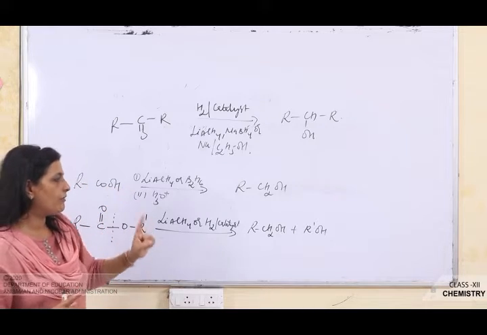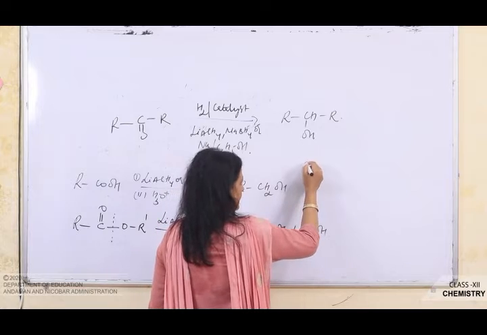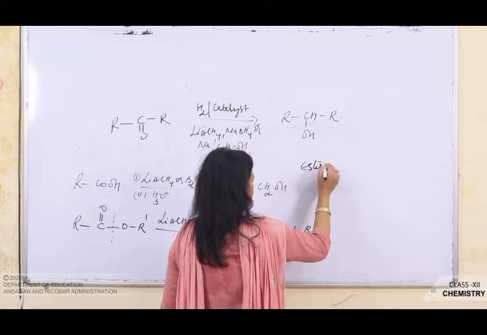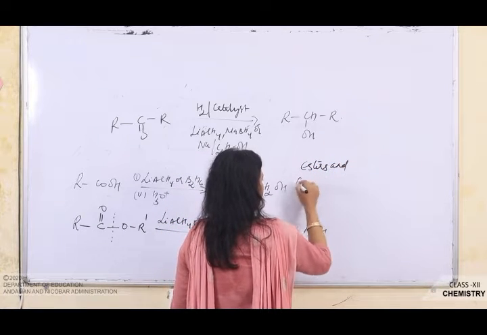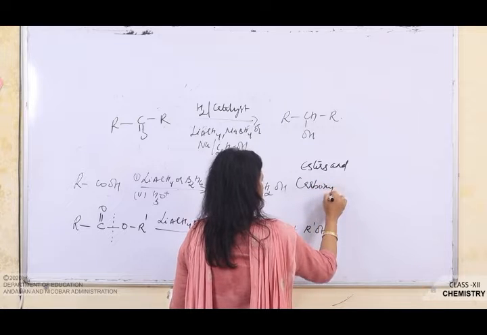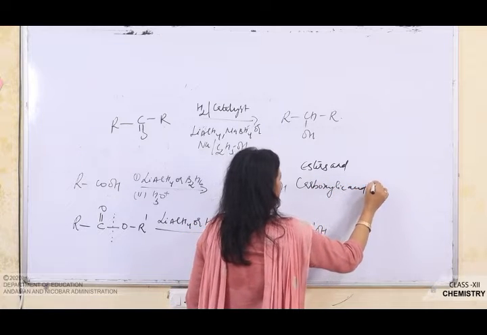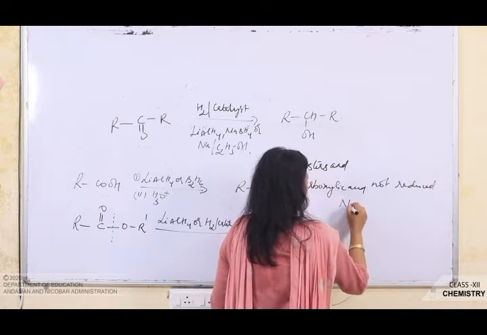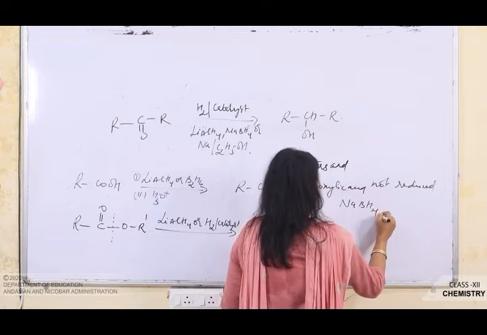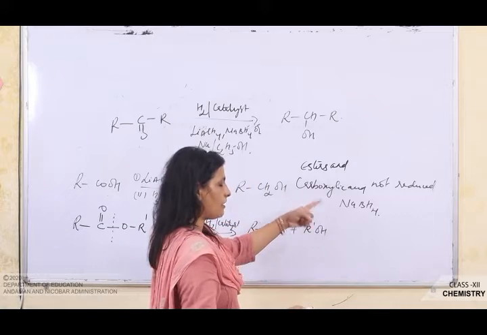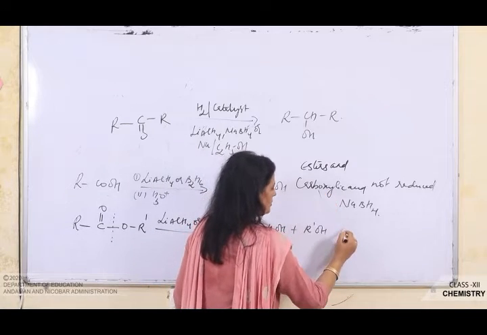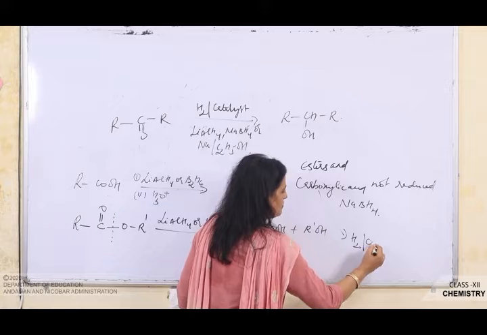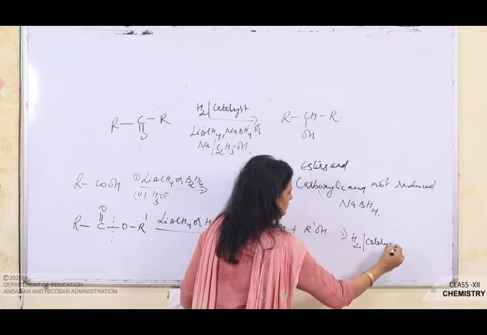So, that you should be very careful. Esters and carboxylic acids are not reduced by sodium borohydride. Carboxylic acid is also not reduced by hydrogen in presence of a catalyst.